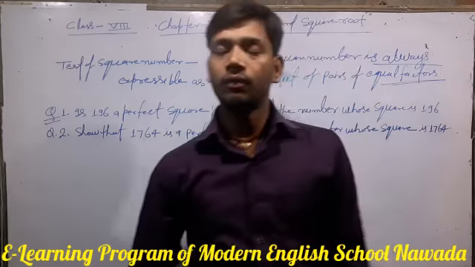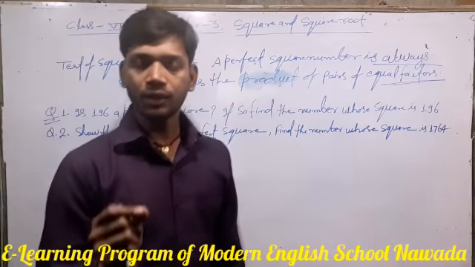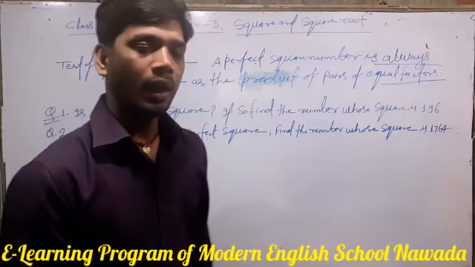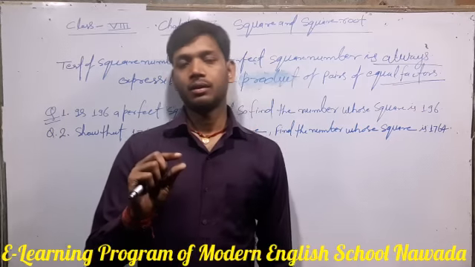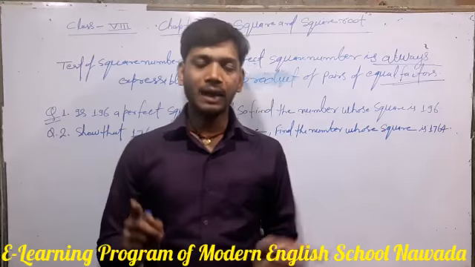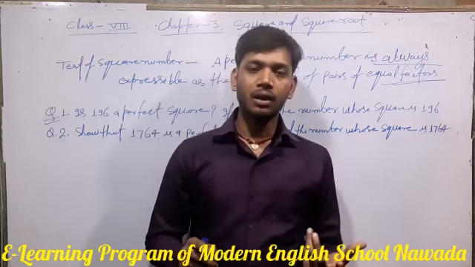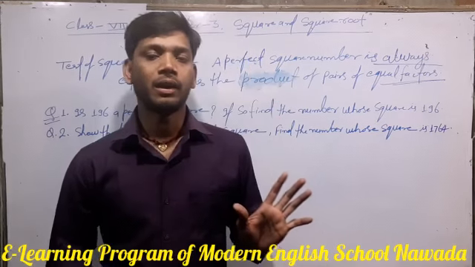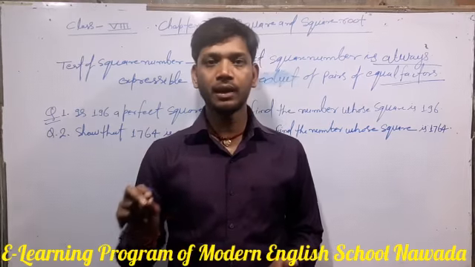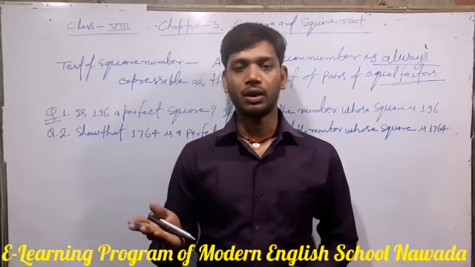That means you have to factorize the number, find its prime factors, and after that make pairs. If all the factors have pairs, then that number is a perfect square, and if any factor does not have a pair, that means the number is not a perfect square.